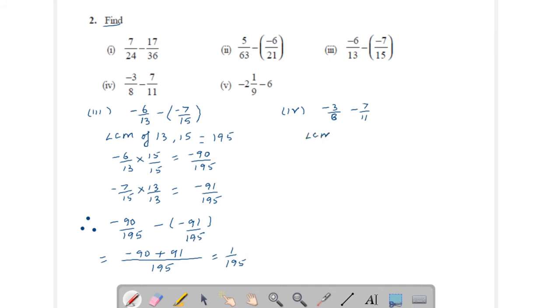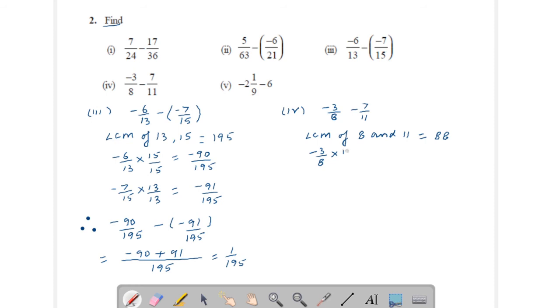LCM of 8 and 11 is 88. Take first rational number, that is minus 3 upon 8. Here denominator is 8. Divide LCM 88 by 8, you will get 11.